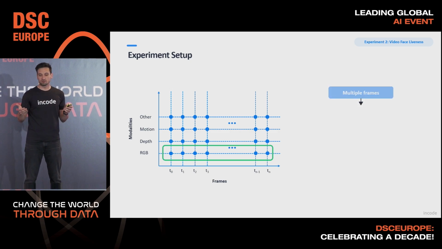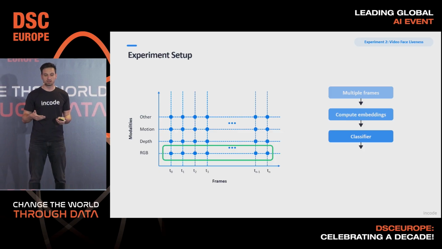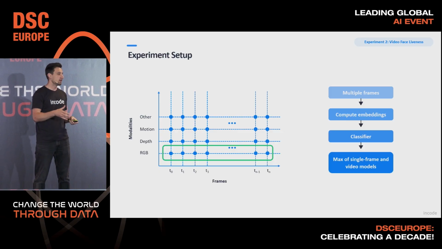Basically, we take multiple frames, for them we compute embeddings using some backbone that we have been developing before, and based on that, we develop a classifier, as in the previous experiment that we discussed. And optionally, we can take the maximum of single-frame and video models so that we have ultimate security.